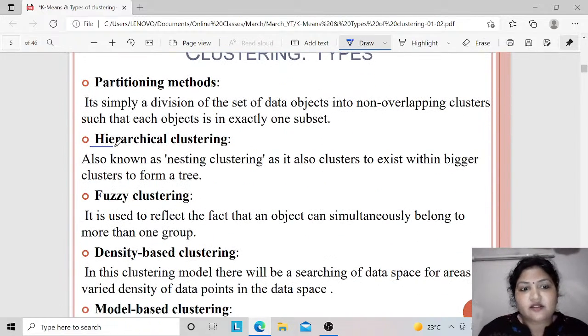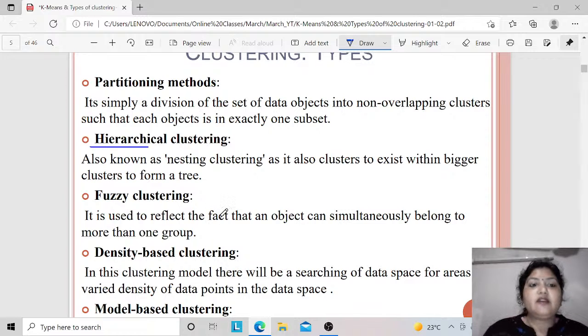Next, the clustering algorithm would be hierarchical clustering. Now what is hierarchical clustering? We apply the algorithm to make a hierarchy of clusters, right? We might use a technique like agglomerative, or we might use divisive clustering.